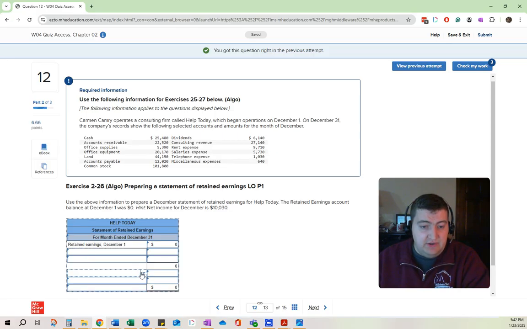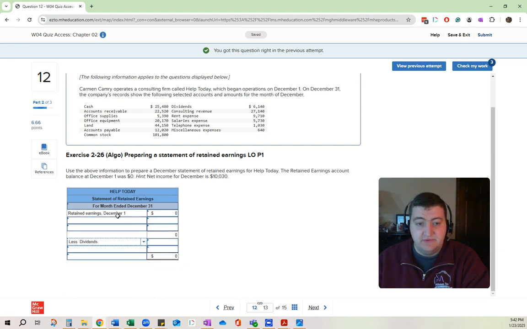And then we're going to be saying less dividends, right? Because the formula for the retained earnings is the retained earnings and net income, which is the number we just calculated. So we're going to take the number of net income minus the dividends. Basically, how much money did we make and how much of that money went to the shareholders.